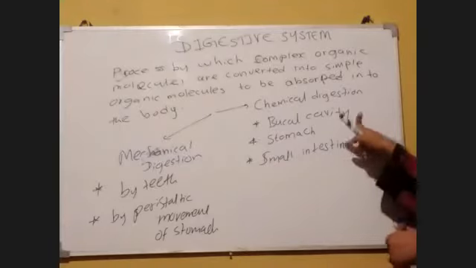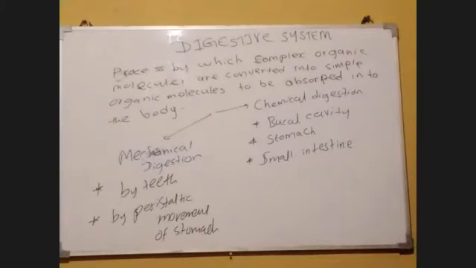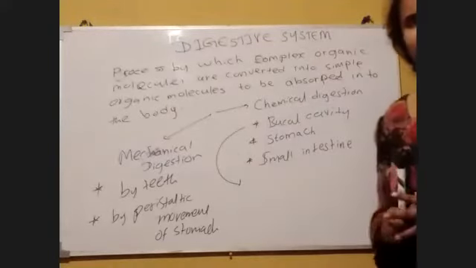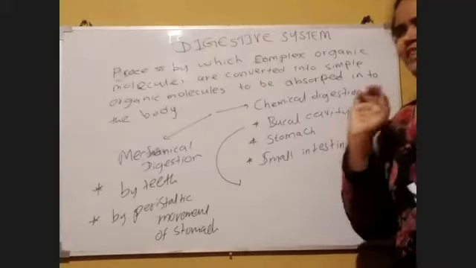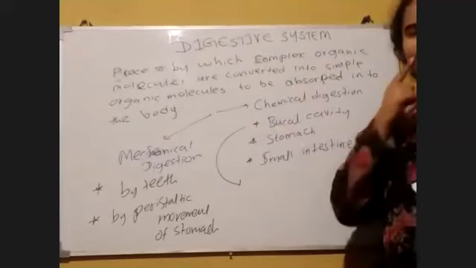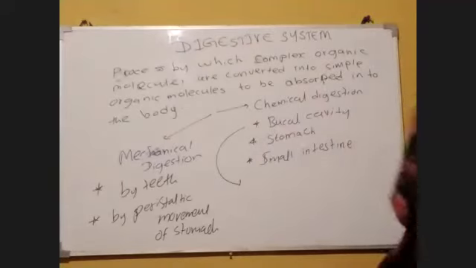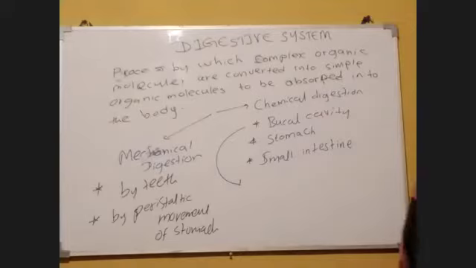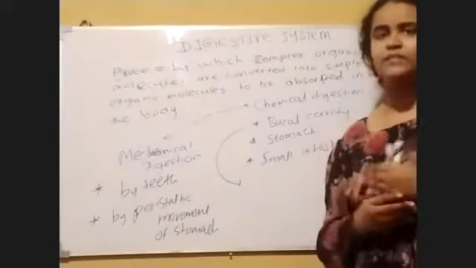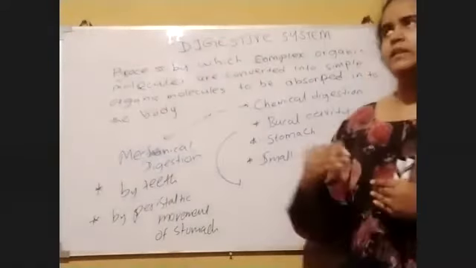So I said that we have to remember chemical reactions, so we'll move on to this. First, the reaction that takes place in the buccal cavity. We know that there is a fluid called saliva within our buccal cavity. This saliva contains some sort of enzymes.